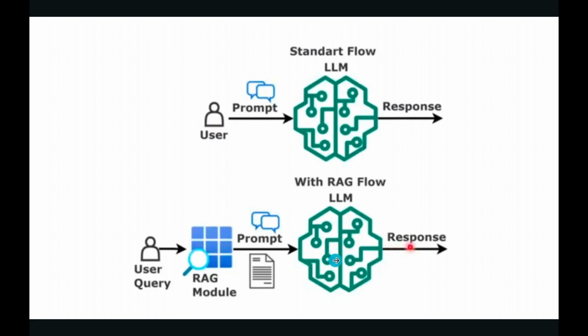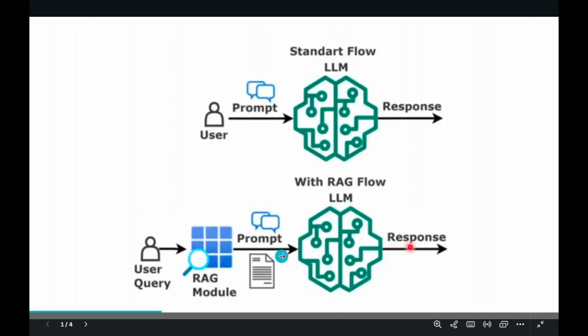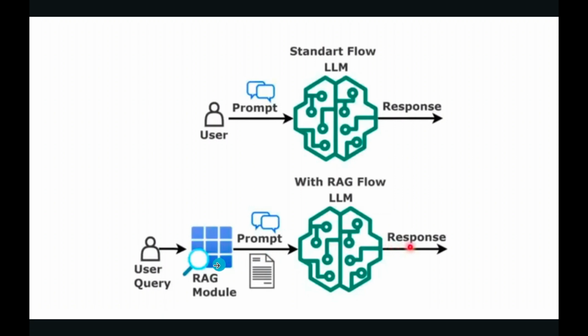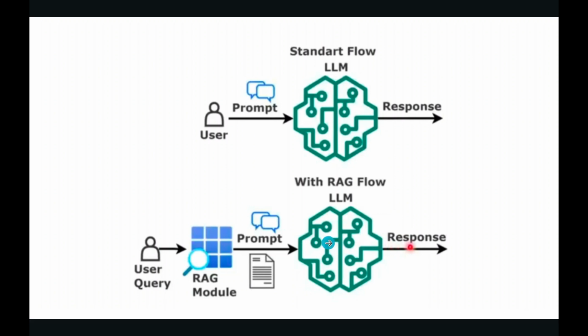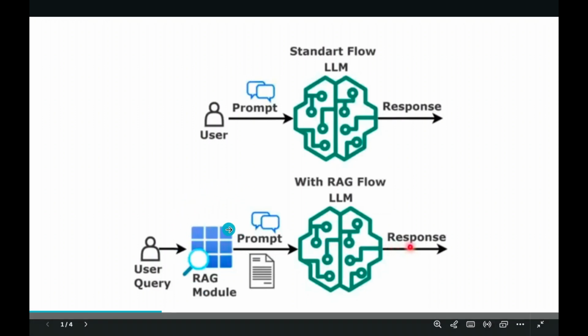Here, the LLM model generates a response based on the user query and the related content. This process we call fine-tuning. With the help of a RAG agent, we can fine-tune the LLM model to do certain tasks, either for an organization or institution.